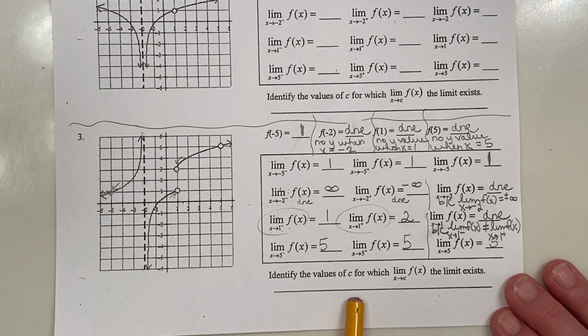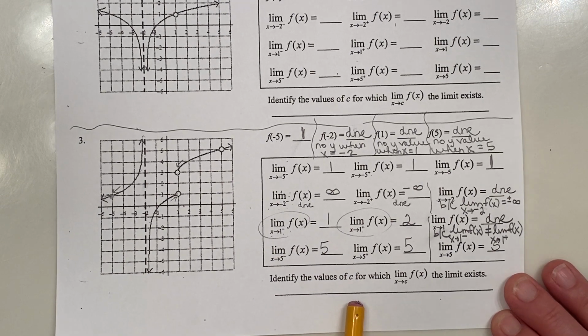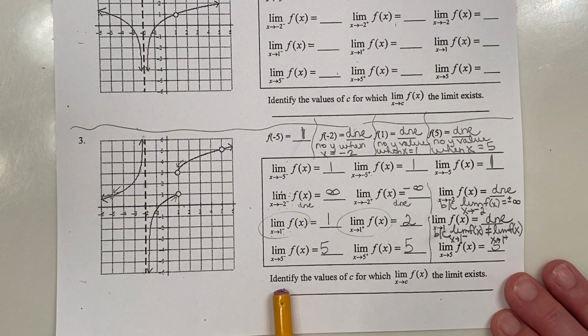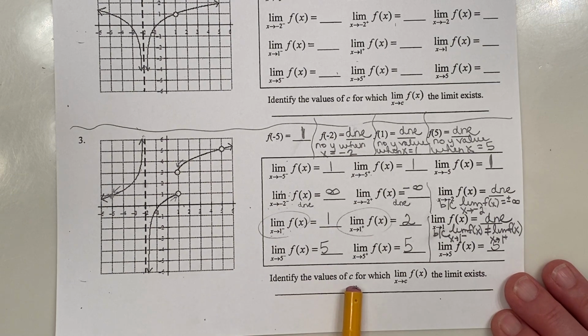All right, and the final question that falls below each of these 3 problems is this. It says, identify the values of c for which the limit as x approaches that number c. C is just a number, okay? Identify the values of c for which the limit as x approaches c of the function exists.